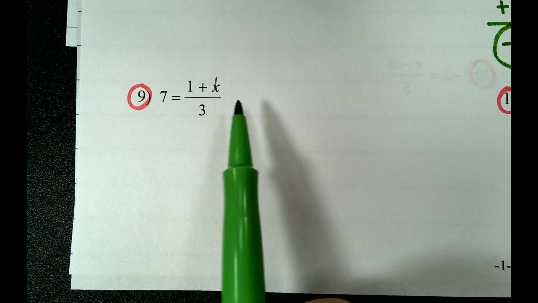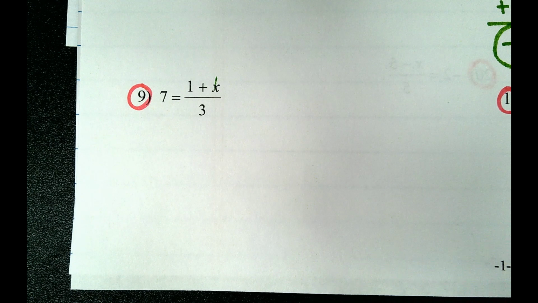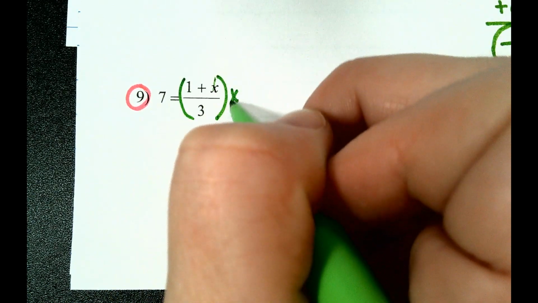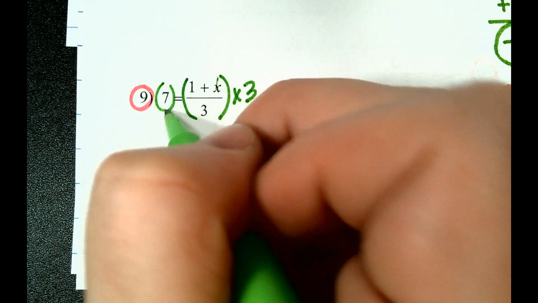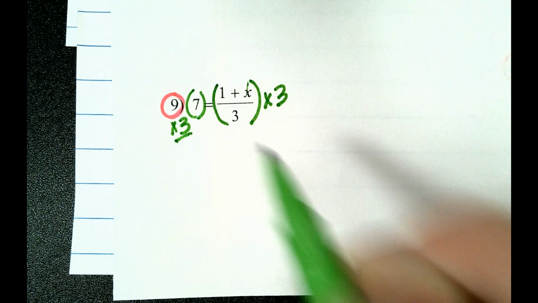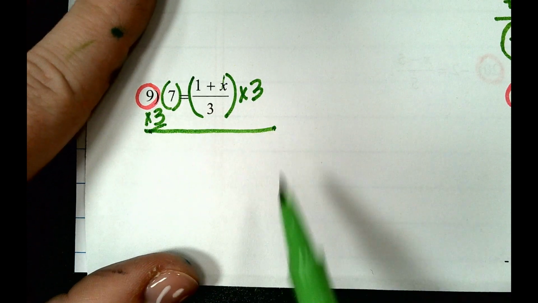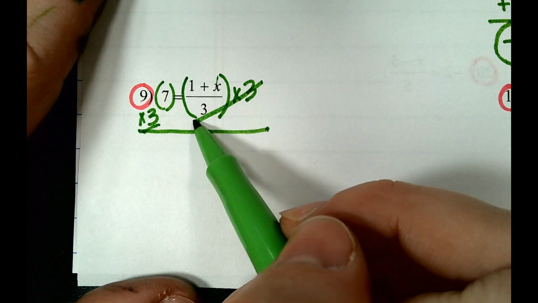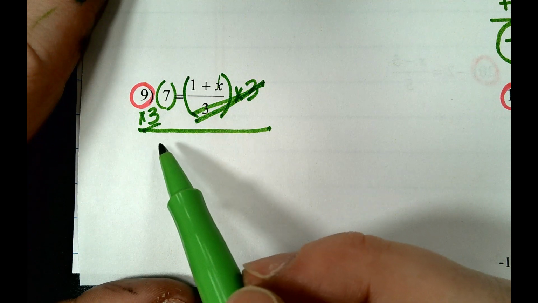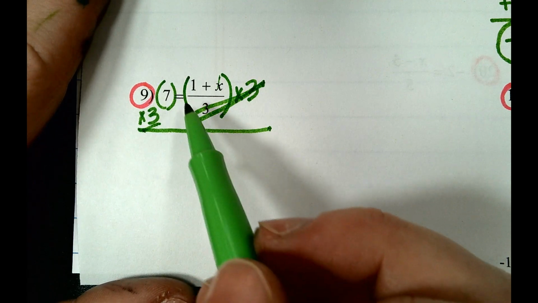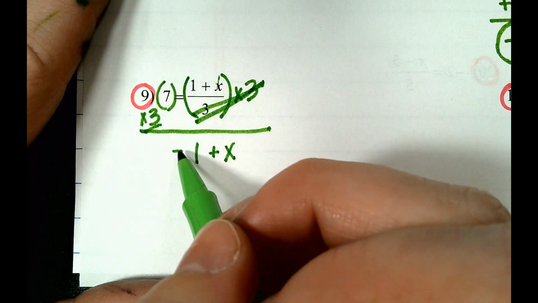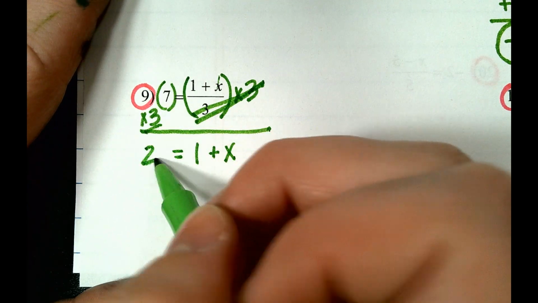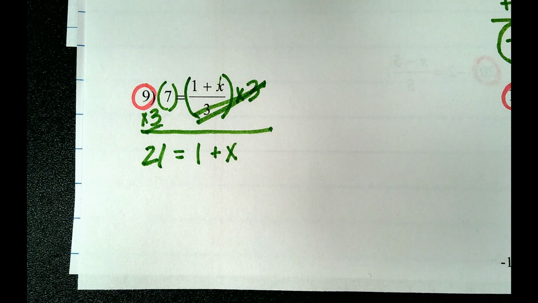So you times 3. We're going to do that opposite. So I'm taking this whole thing times 3, and I gotta do it to the other side too. Yes. So my 3's cancel, and now I can bring down 1 plus x. 7 times 3 is 21.